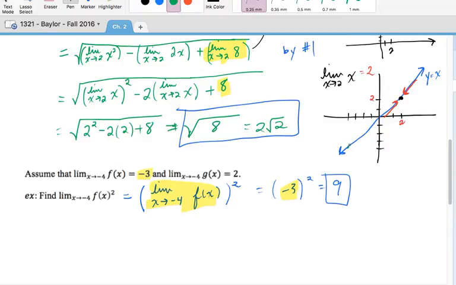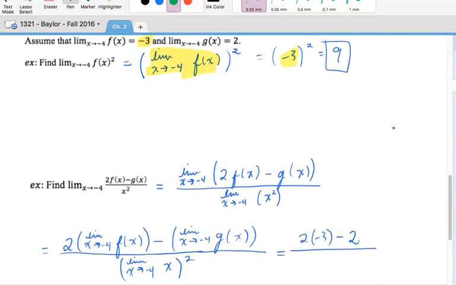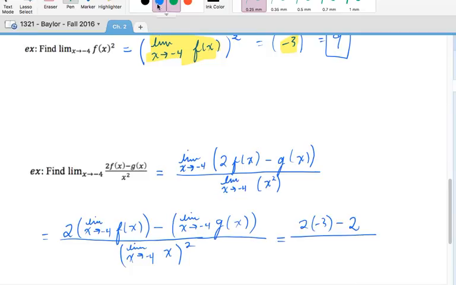So you can see pretty clearly that when x approaches -4, the y values are also approaching -4 from both the right and the left. So in the denominator, the limit as x approaches -4 of x is equal to -4, and then we'll square that. So we have -6 minus 2, or -8, over -4 squared, which is 16, which reduces to -1/2. And that's all for this section.